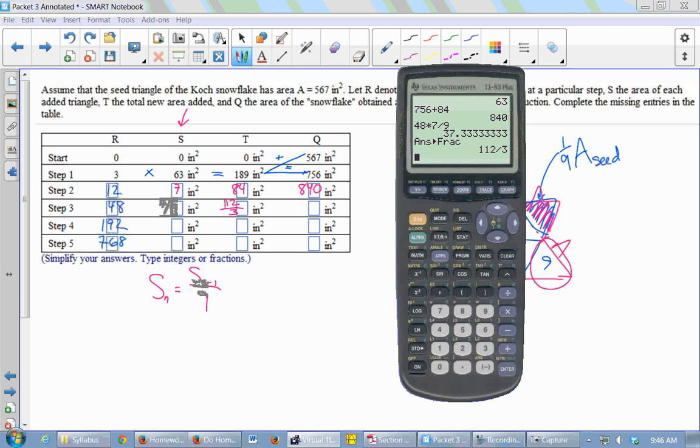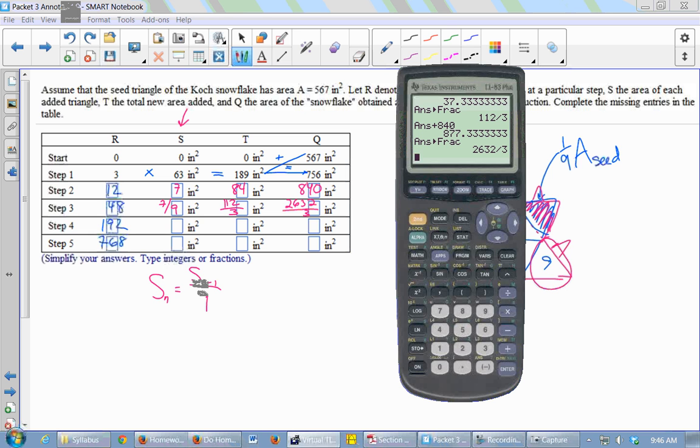And then add that to your previous area of 840. Change it to a fraction. 2,632 thirds. Do I need to finish?